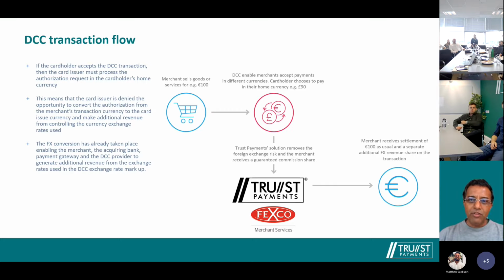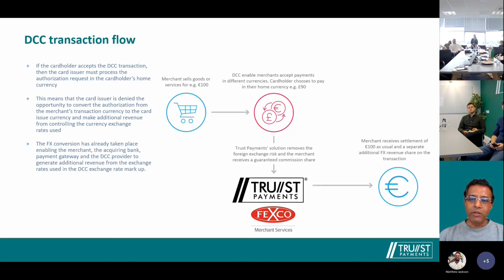The customer is looking to pay the 100 euros, but it's really 90 sterling because they've got a sterling card. We get those rates from Fexco through the integration and give the customer the choice of paying 90 sterling or paying the 100 euros.